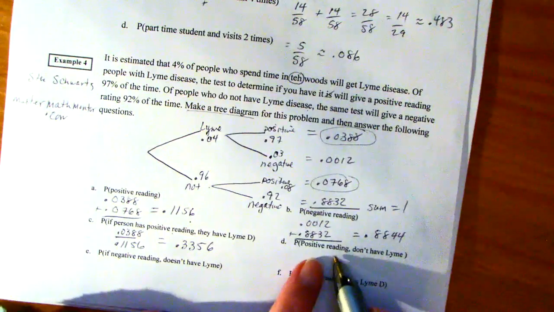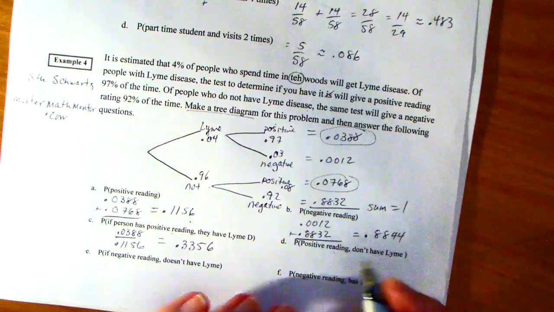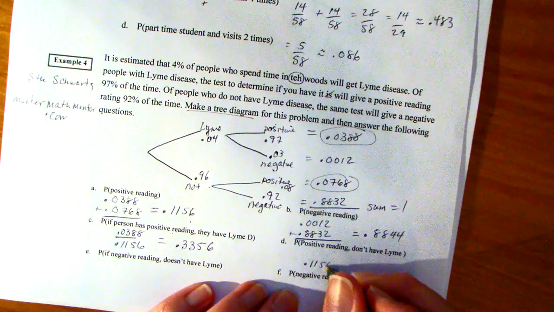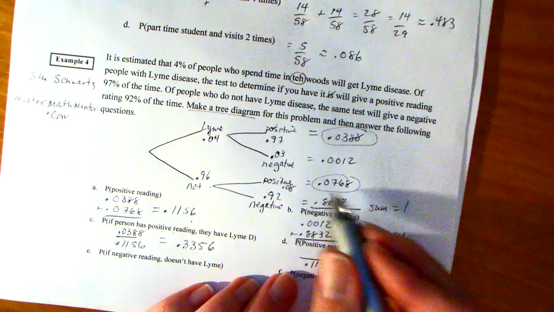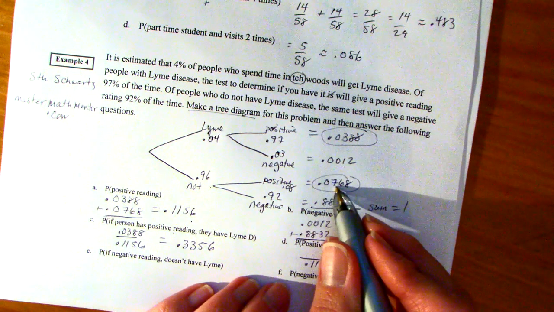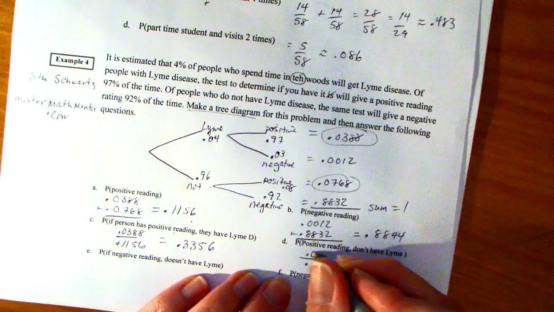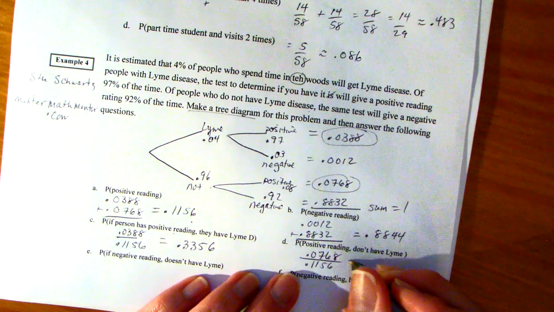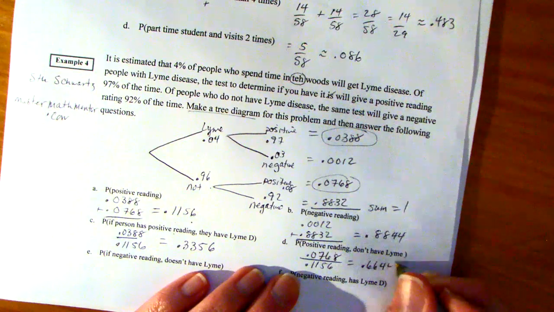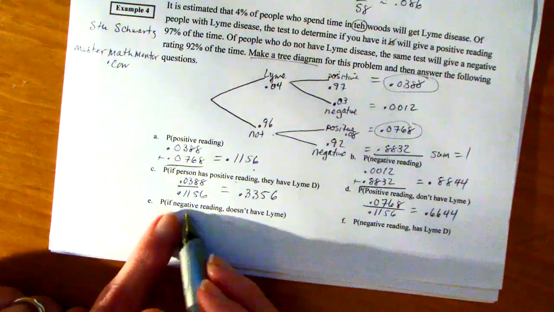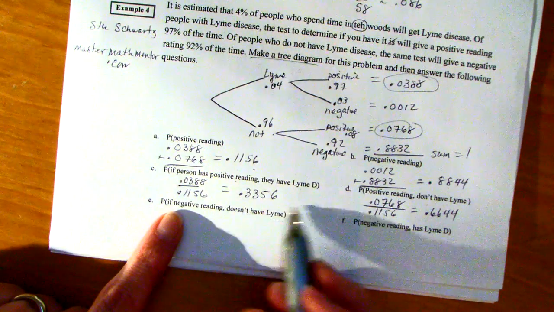Okay, so given you have a positive reading, so that's the same bottom number. You don't have Lyme disease, so the 0.0768. And you'll get 0.6644. Okay, given we have a negative reading, so now we're going to use our negative reading stuff.